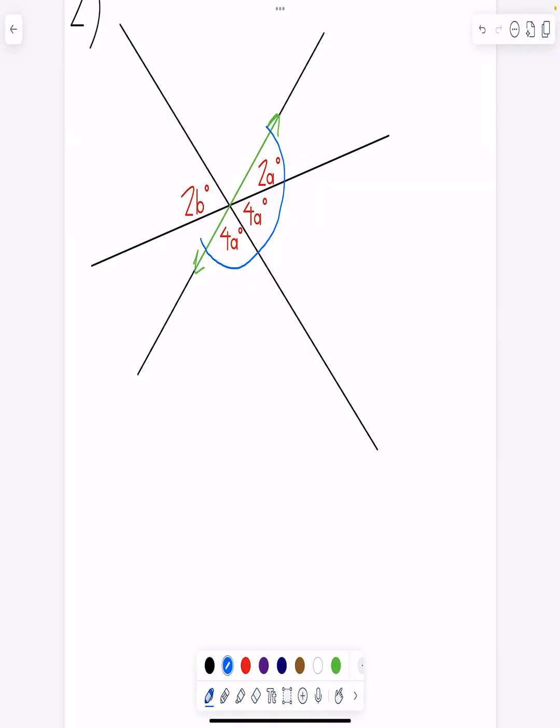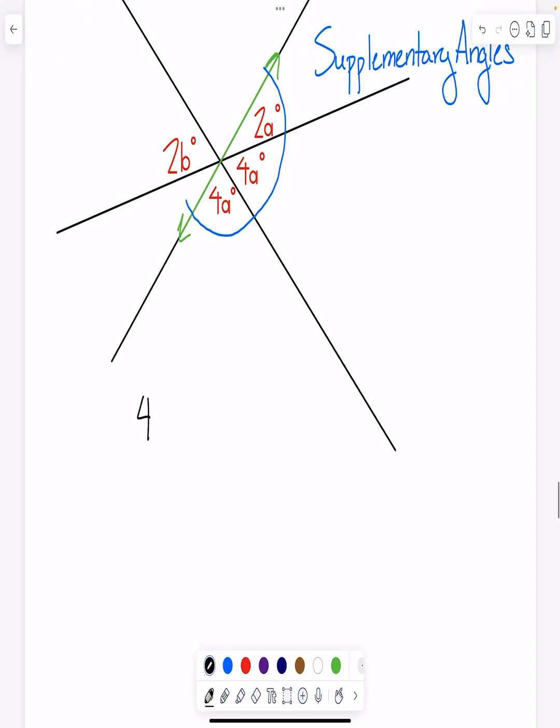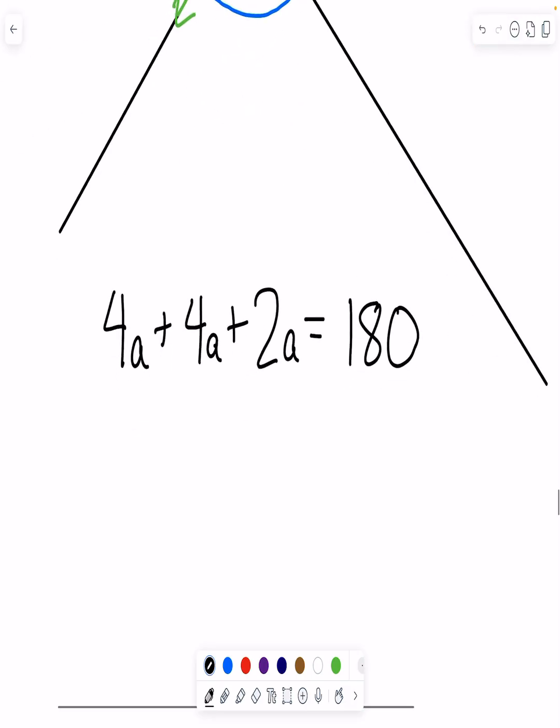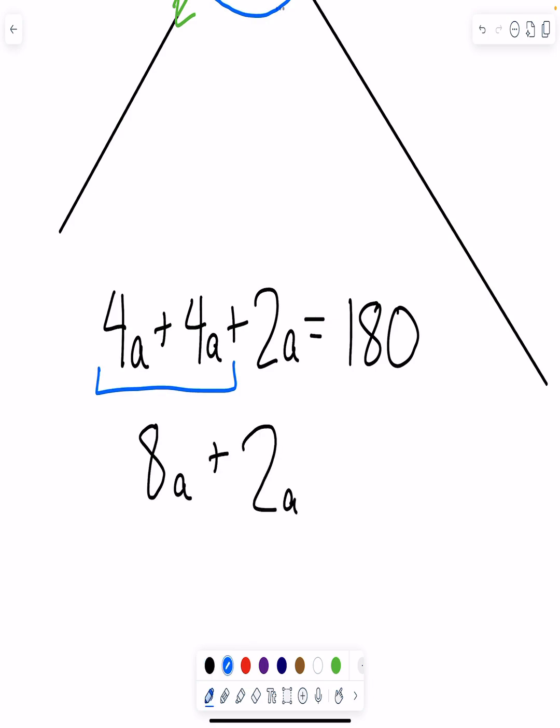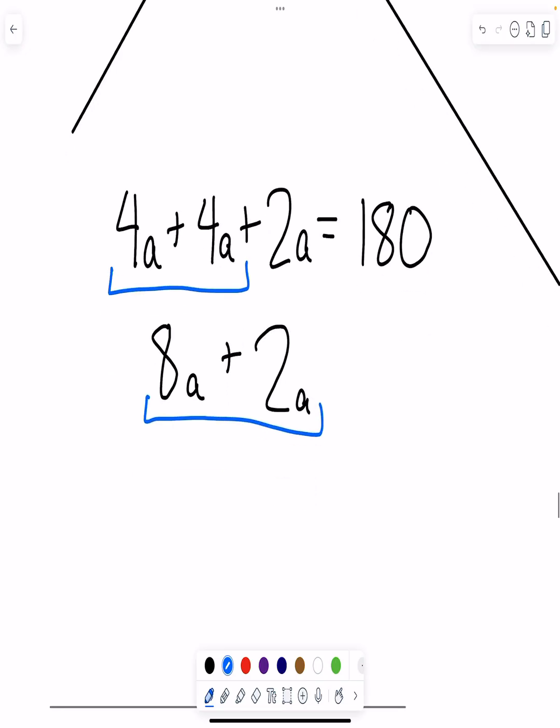That is what we call supplementary angles. So in this case, I have 4A plus 4A plus 2A equals 180. I'm going to combine my like terms. 4A and 4A, that's 8A. Plus 2A, these are also like terms. So that comes out to 10A equals 180.